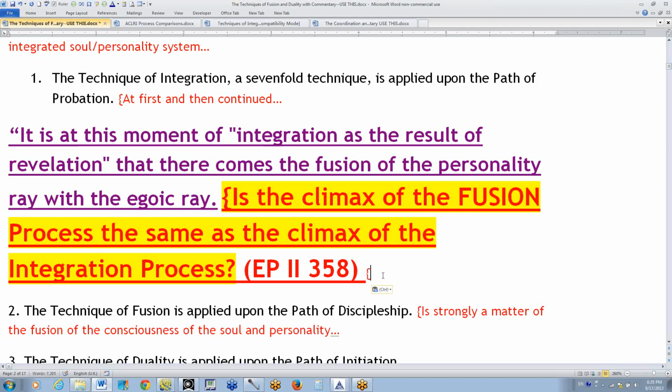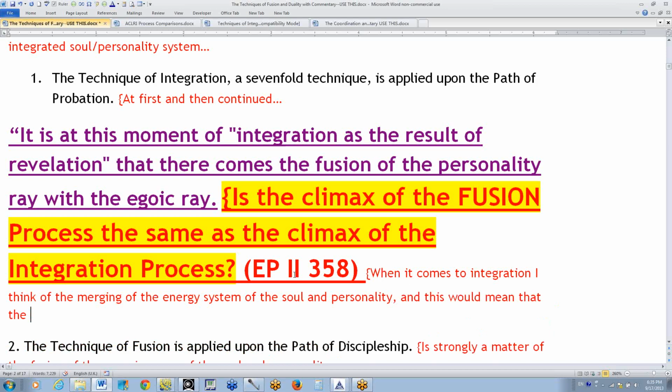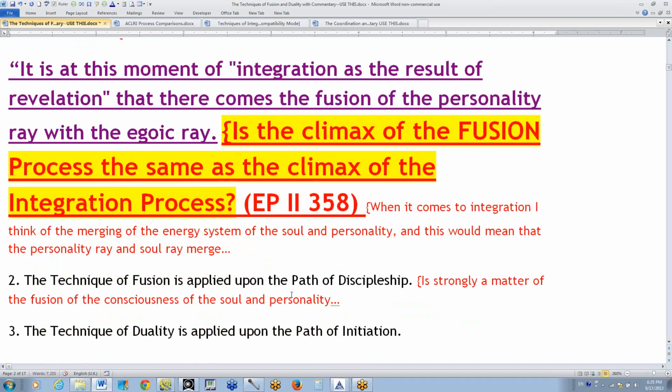I like to think of when it comes to integration, I think of the merging of the energy systems of the soul and personality, and this would mean that the personality ray and soul ray merge. But when it comes to fusion, I think we're dealing with some deeper matters.